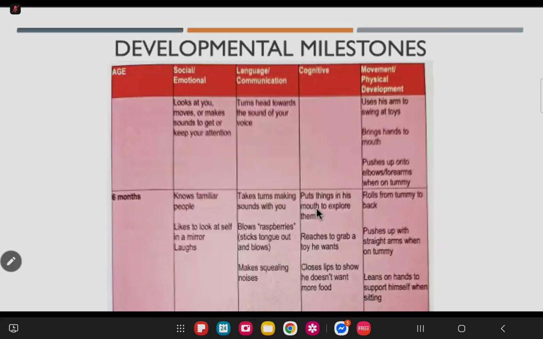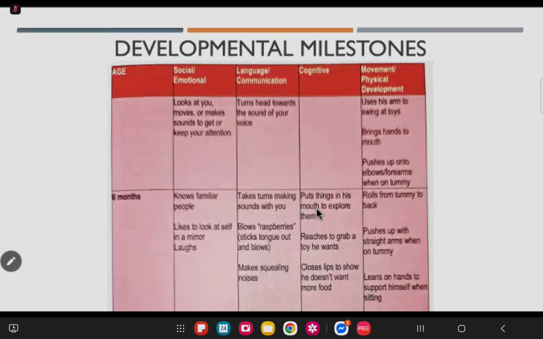At 6 months old, they are already familiar with people, so they have stranger anxiety. So if you give them to people who they're not familiar with, they cry. Also, they like to put things in their mouth to explore. So they also roll over.